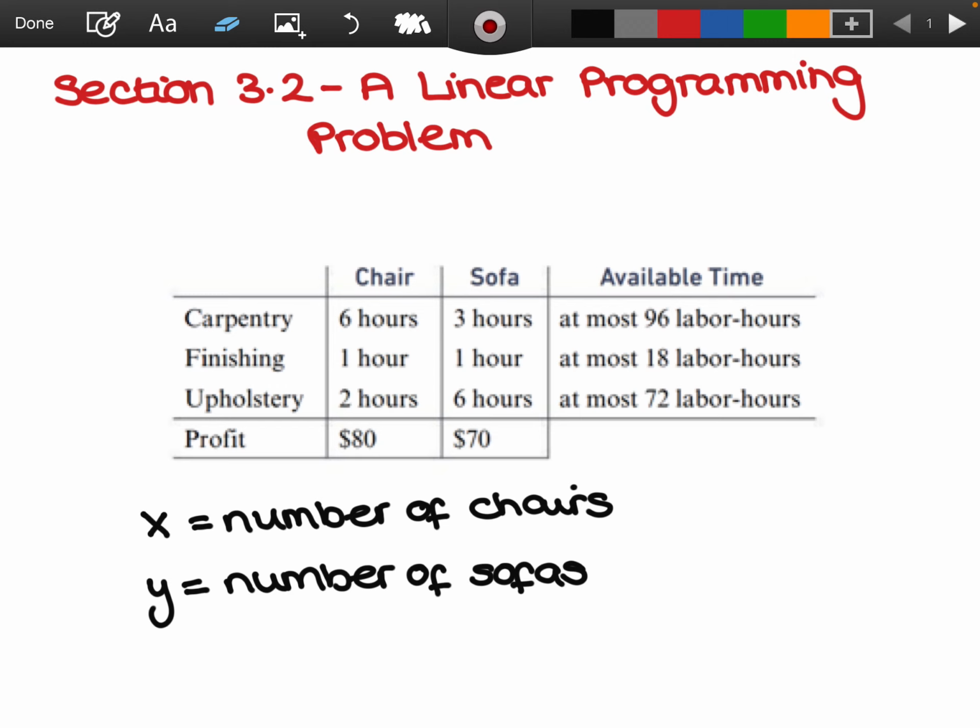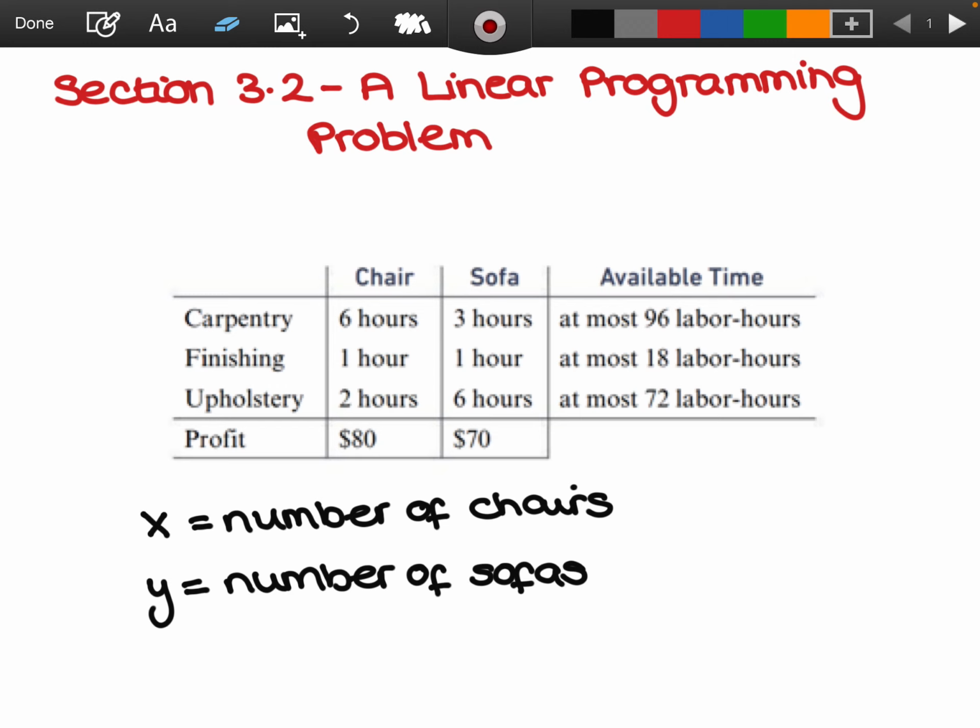And to create a sofa, it takes 3 hours of carpentry, an hour of finishing and 6 hours of upholstery. From each chair that is produced and sold, we make $80 of profit, and from each sofa that is produced and sold, we make $70 of profit.